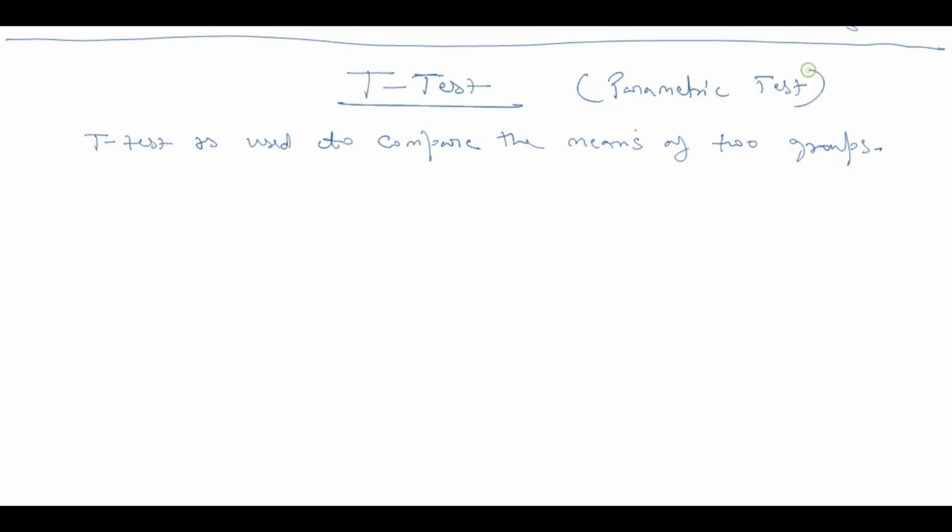So if somebody asks when can we apply the t-test procedures, the conditions are the same as we discussed with the parametric test. For all parametric tests, the distribution should be normal. The data should be normally distributed. Now we can use the t-test.